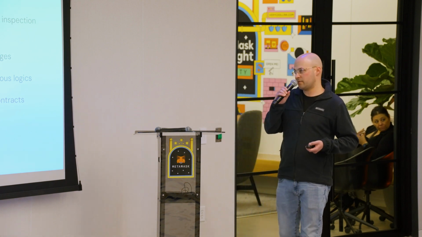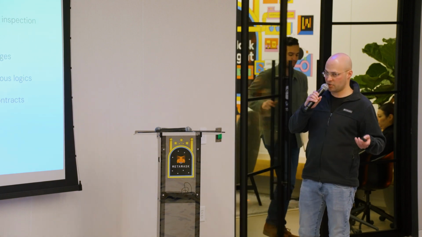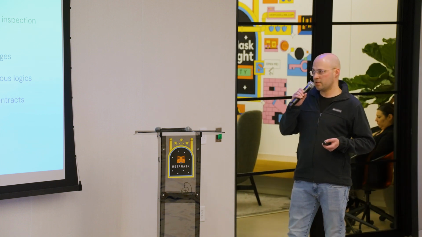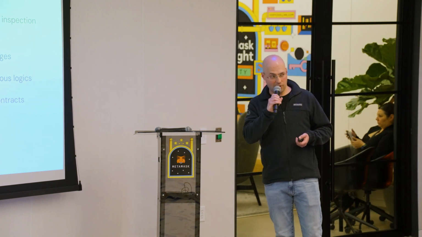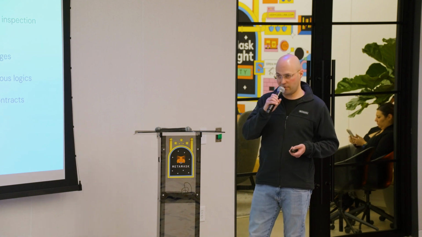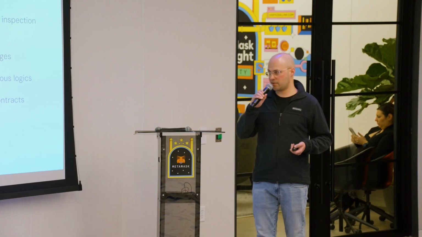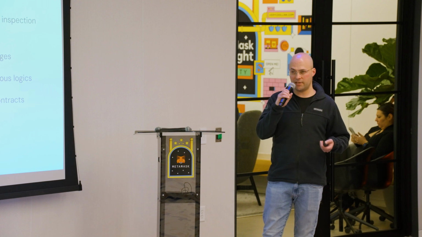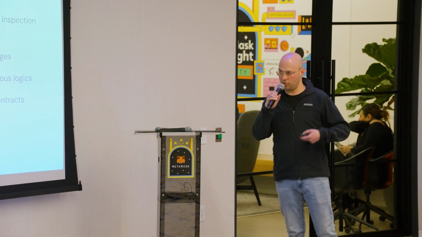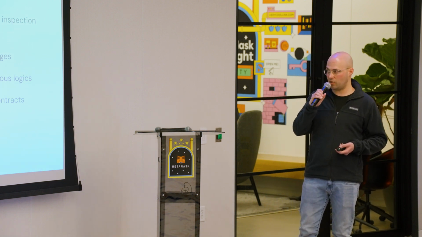It's not always clear, because sometimes there are off-chain and on-chain components, so you want something that knows to flag all the different proposals and then run a variety of checks on them, from simulating and understanding the outcome of the proposal to detecting all sorts of malicious things in the bytecode or in the proposer. And you also want to monitor for pitfalls, such as deployment errors or things that could result in exploitable governance.